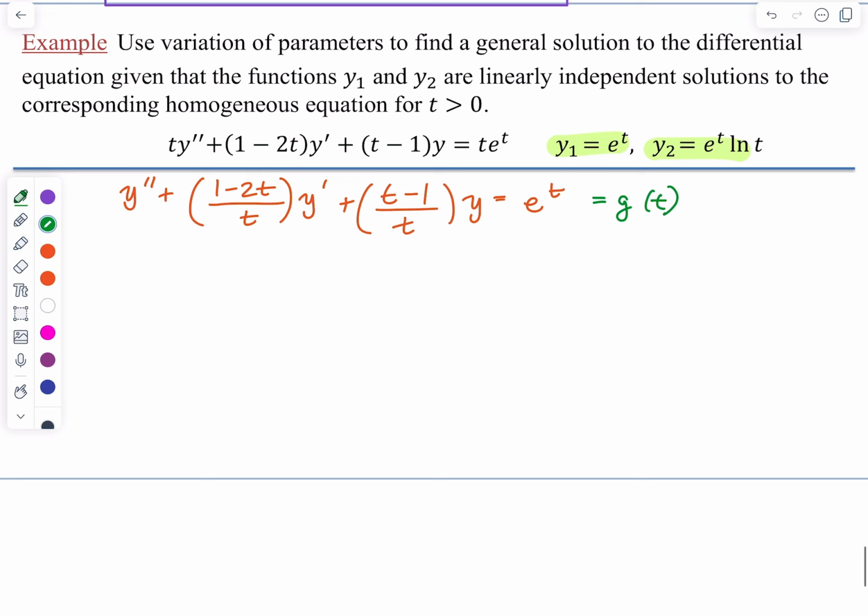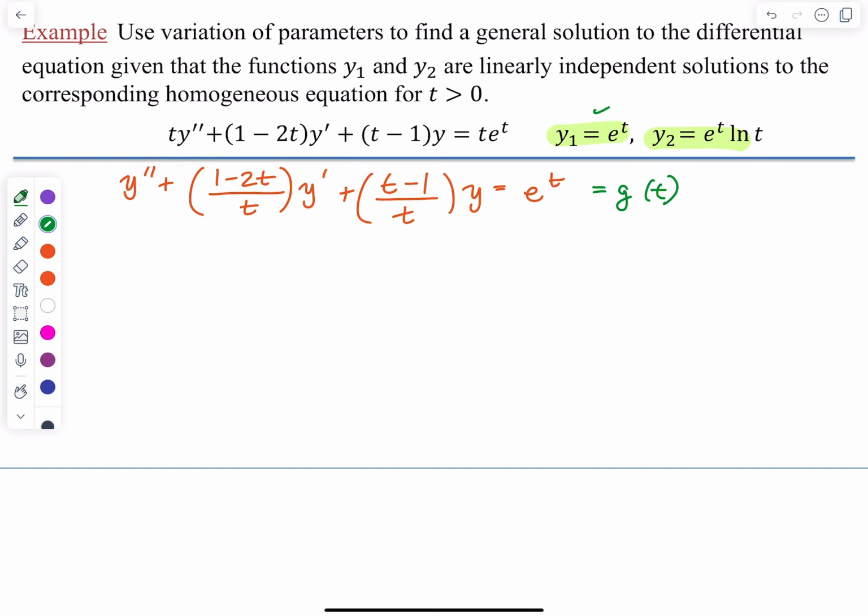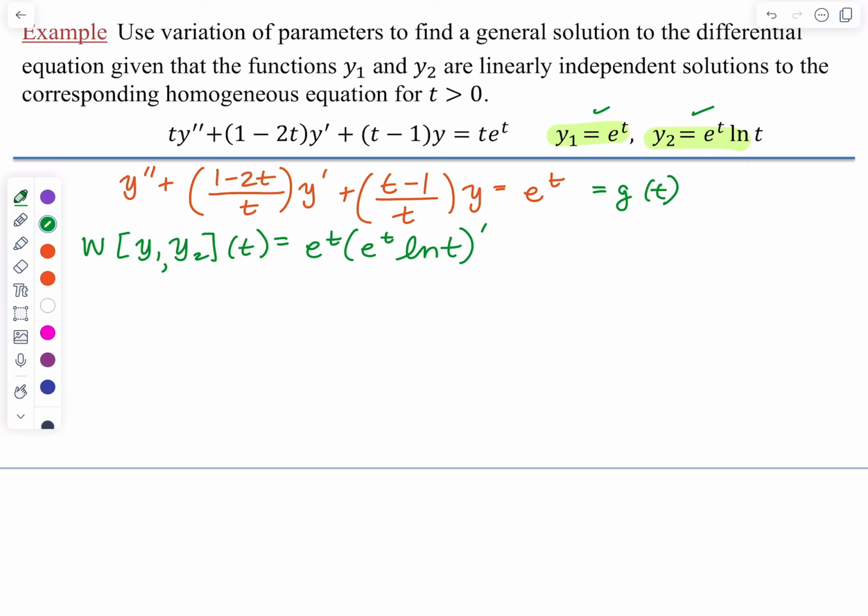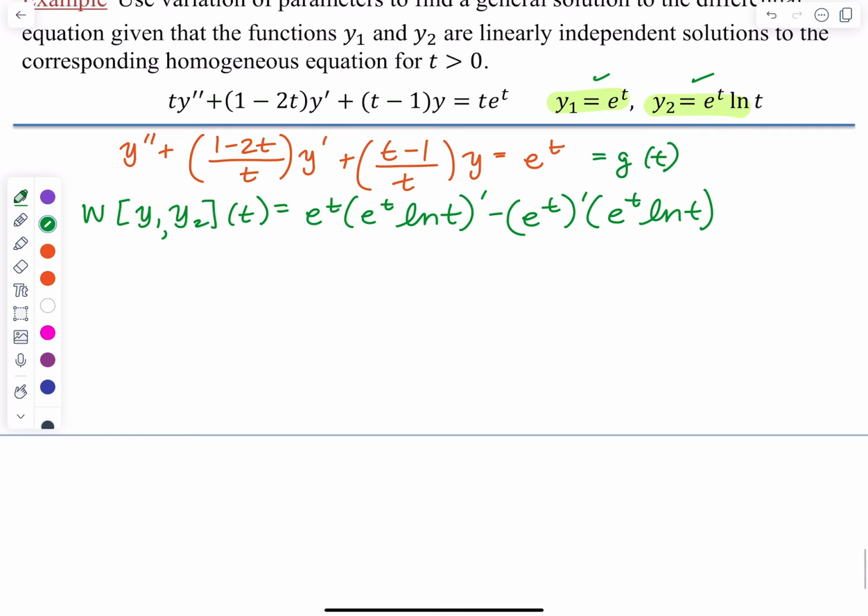We have two linearly independent solutions given here, and we can now compute their Wronskian. So we have the Wronskian of y1 and y2 of t, and that's equal to e to the t multiplied by e to the t natural log of t prime minus e to the t prime multiplied by e to the t ln of t. And when that is simplified, I will go ahead and work that out.